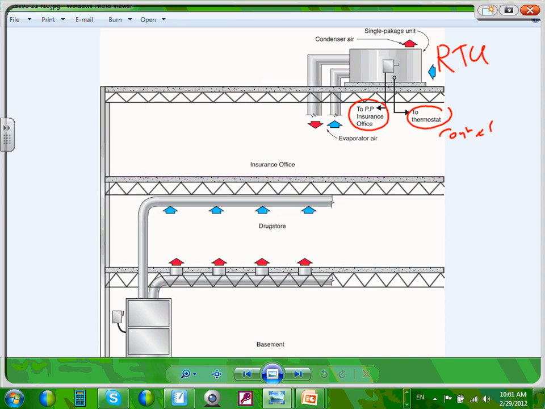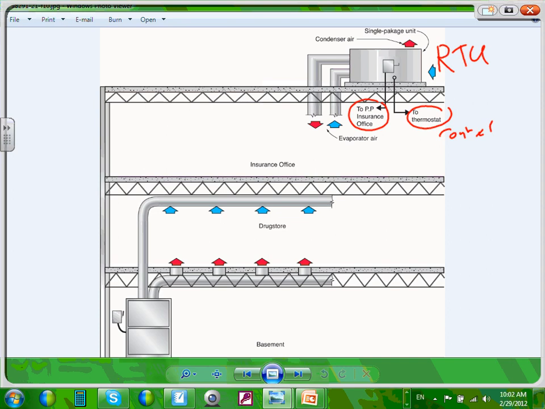So you can basically cool the air and blow the air down here. It keeps taking the air in and out, cooling it and bringing it back, cool and bring back, cool and bring back. Or you can have the evaporator sitting down at the bottom and piped all the way to the unit.